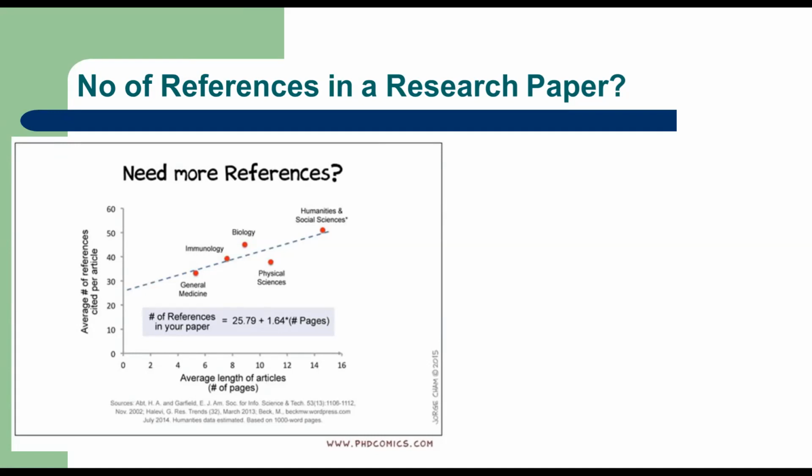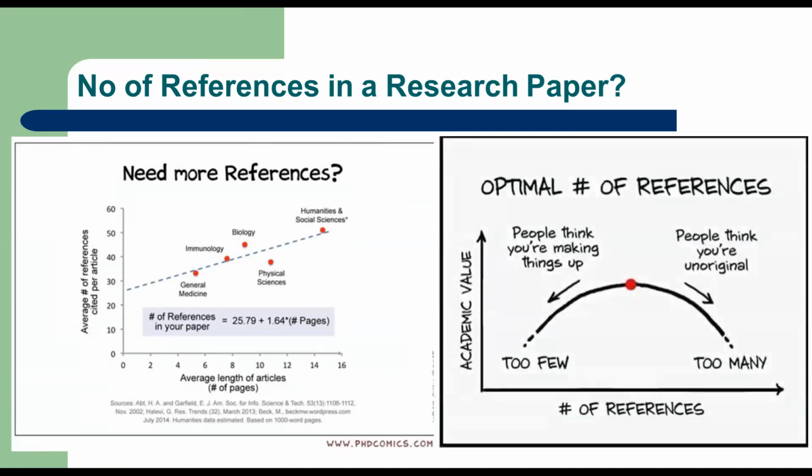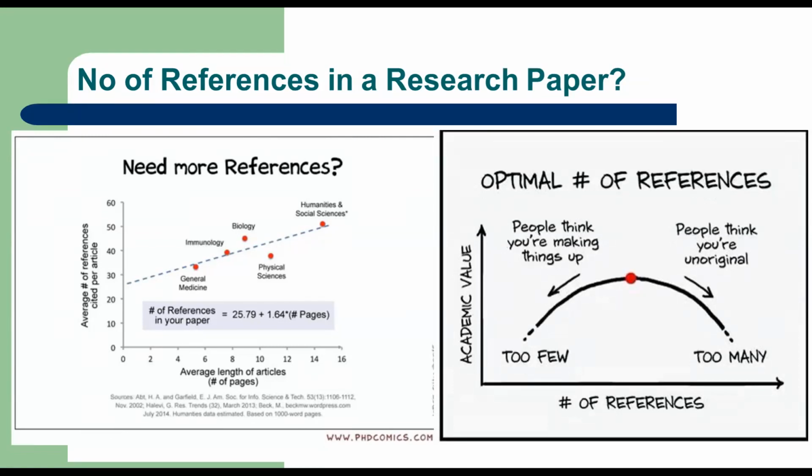But ideally, when you use too many references, people will think your work is unoriginal. And when you use too few references, people will think you are making things up and your work is not original. So you have to be precise in selecting the number of references.